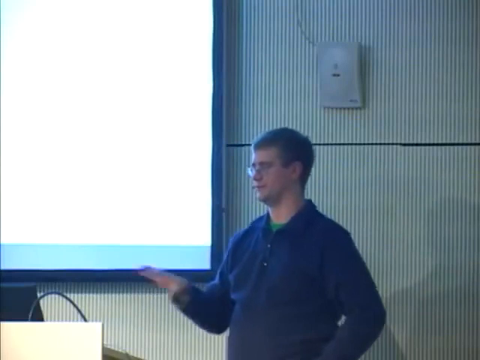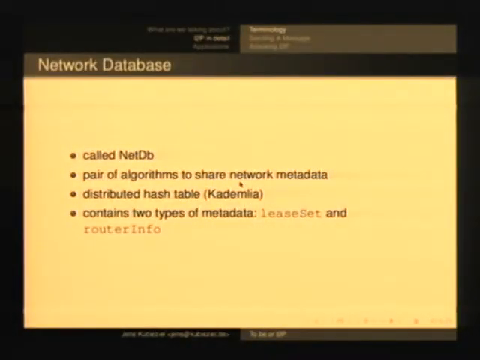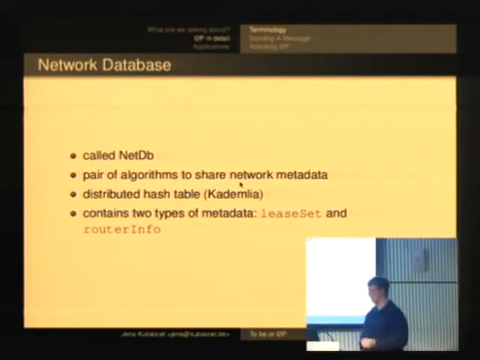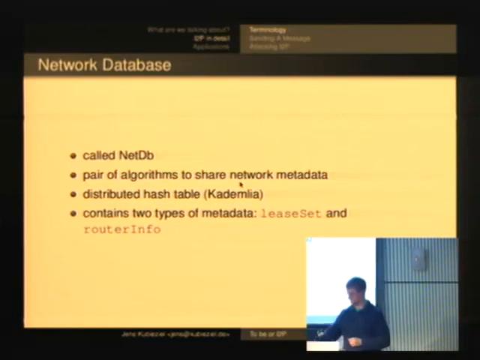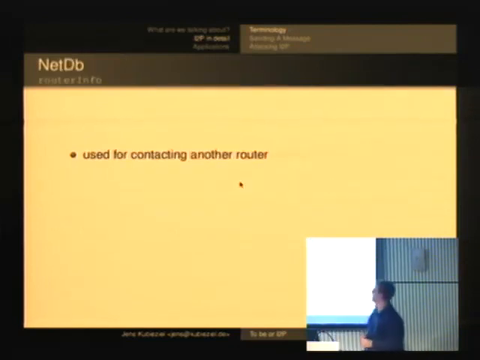And that's why you will often hear that I2P follows this peer-to-peer approach, and that's really true, that the whole network is really decentralized and there's no central information. And the network database itself contains two types of metadata. One is the lease set, and the other one is the router info. I'll describe shortly what they are.